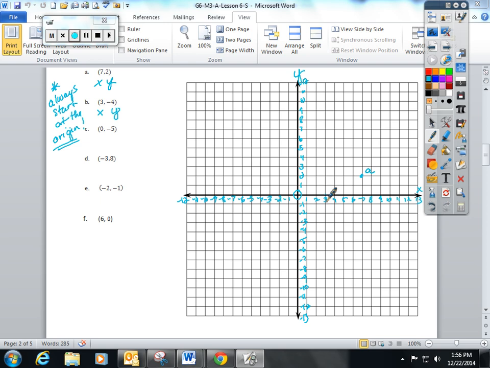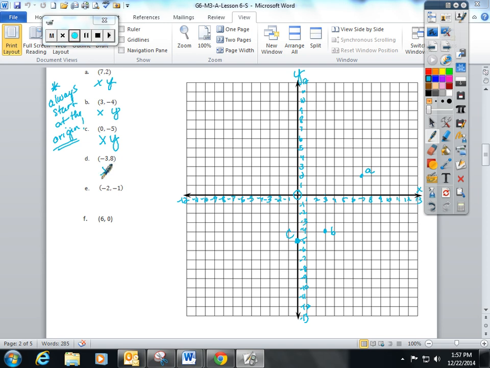Then I have to go down 4 spaces on the Y. These are like directions. These are coordinates. I love C because it includes 0. So C, you start at 0, and you go over 0 on the X, and then you have to go down 5 on the Y. And this is point C.